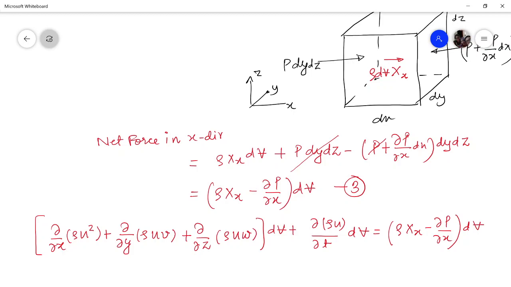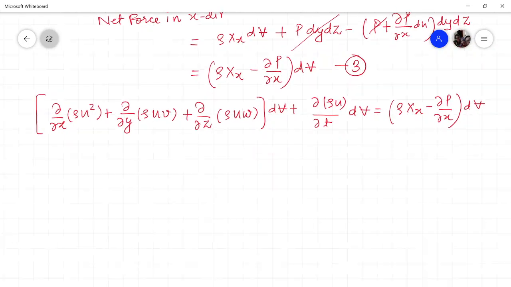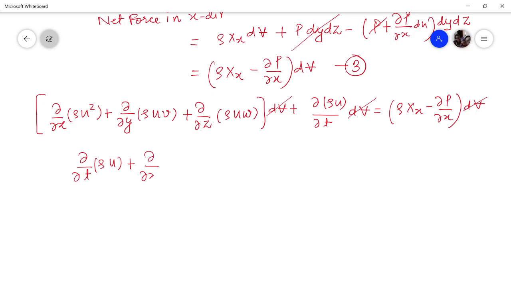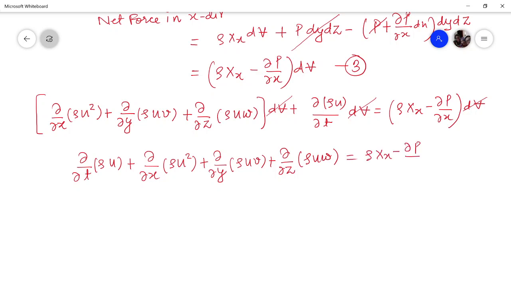Now look, this dv is an arbitrary volume, so this can't be 0, therefore you can remove this. So you are left with del by del t rho u plus del by del x rho u square plus del by del y rho uv plus del by del z rho uw, that is equal to rho X minus del p by del x.